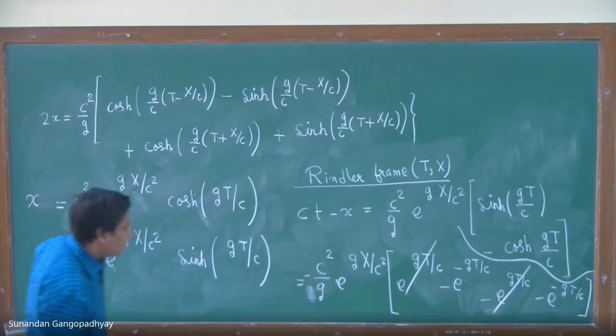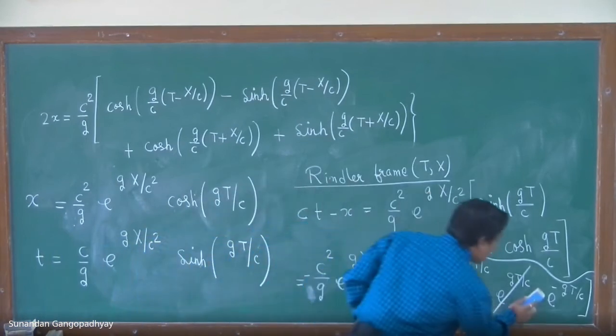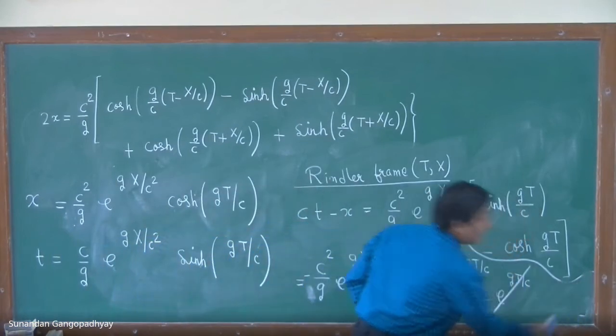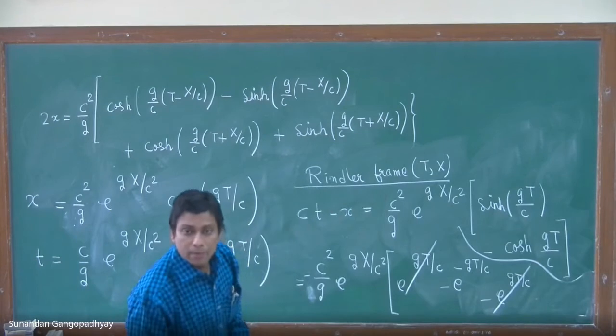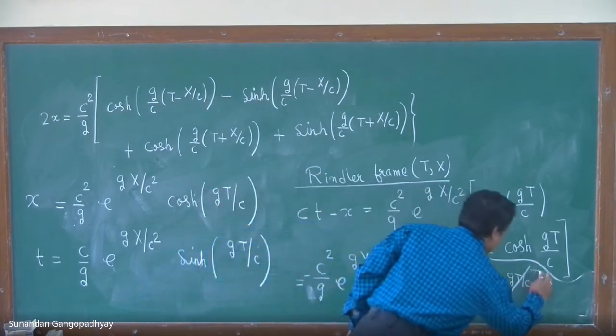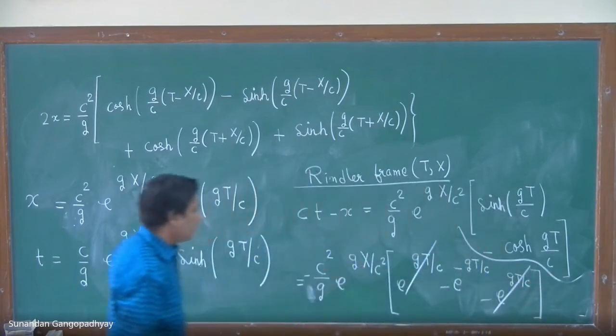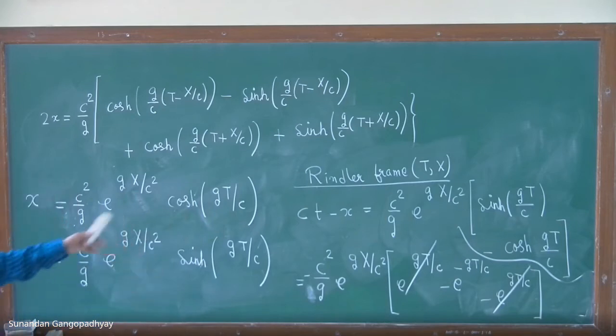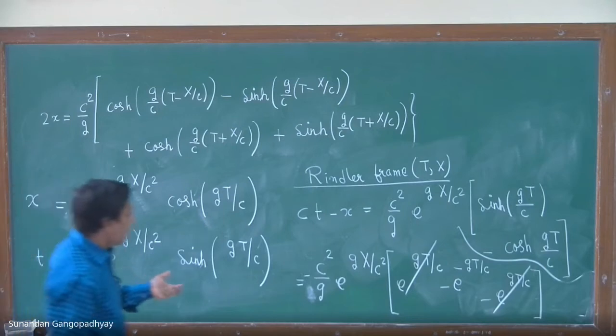Minus. So it defines that it is a space-like separation. No, there is no space-like or time-like here, everything is causal. Why are you thinking about space-like or time-like? Ct minus x has a negative sign overall. No, that is a different thing.